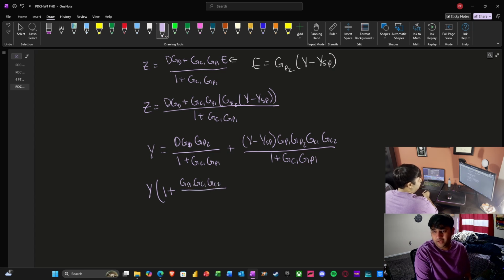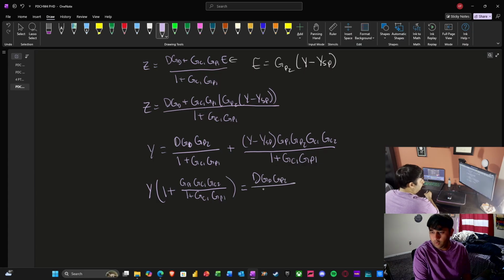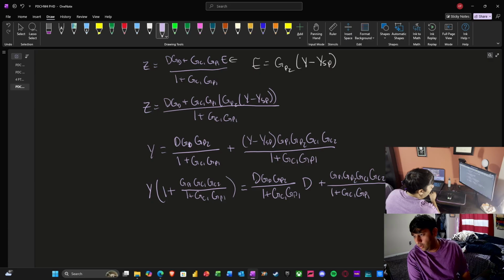Also, it's 1 plus because the GP2 can be substituted out, making it 1 plus GC1, GP1, which essentially equals our GD times GP2 over 1 plus GC1 times GP1 times D, plus our GP1 times GP2 times GC1 times GC2 over 1 plus GC1 times GP1 times our set point.